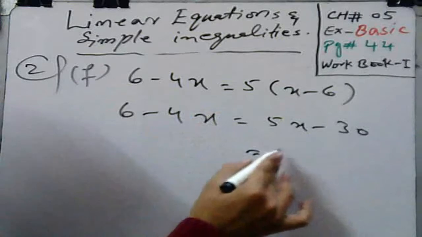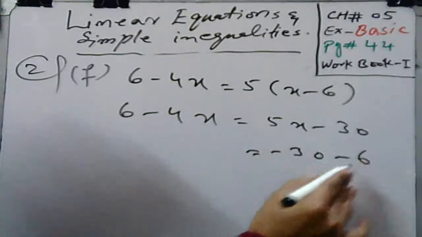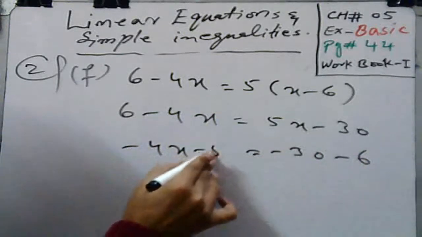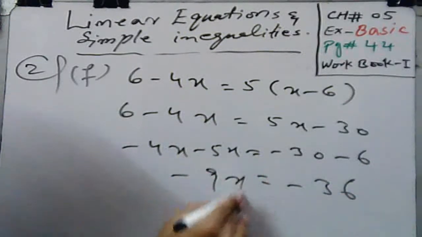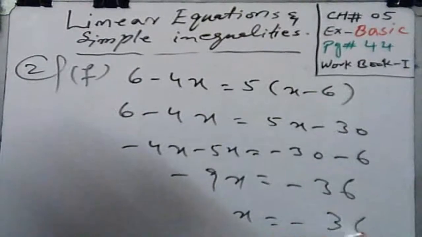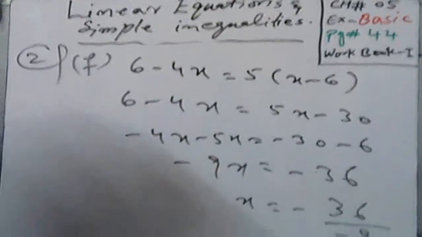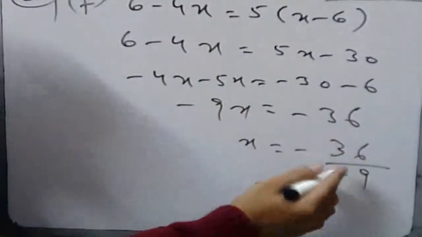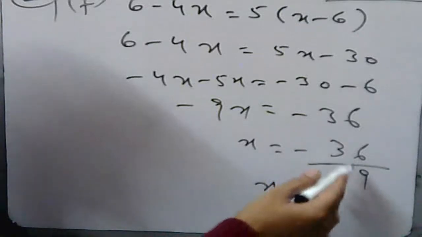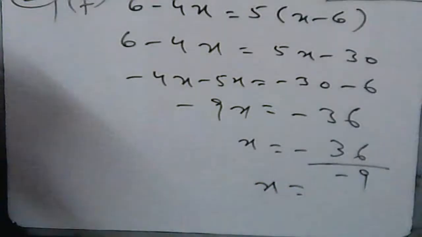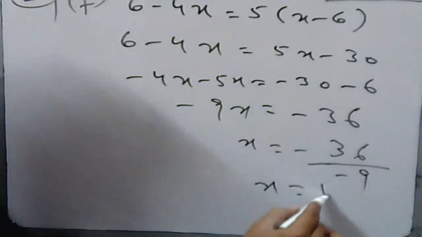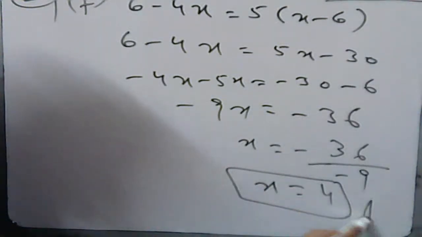So the constant term should be shifted to one side, minus 5x, so minus 36 equals minus 9x, so the value of x is divided by minus 9, minus minus will be cancelled, so you will get 36 divided by 9. 9 1s are 9, 9 3s are 27, 9 4s are 36, so minus will be cancelled and the value is 4.